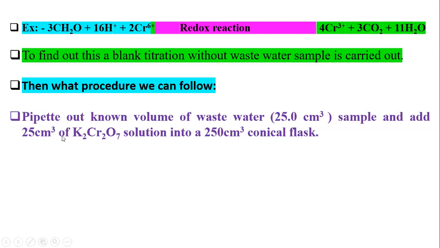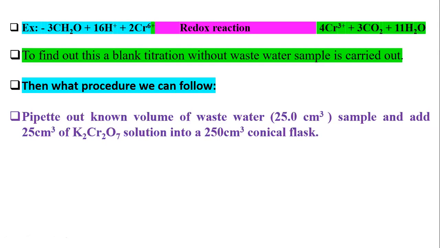This K2Cr2O7 is used for the oxidation of the wastewater. How much waste is present, that much K2Cr2O7 only is consumed. Because in the 25 cm cube of wastewater we have taken, whether it contains 5 mole, 6 mole or 7 mole, we don't know at that time. The K2Cr2O7 we give is in excess compared to the wastewater. So only as much as the waste present is consumed, and the rest is unreacted.